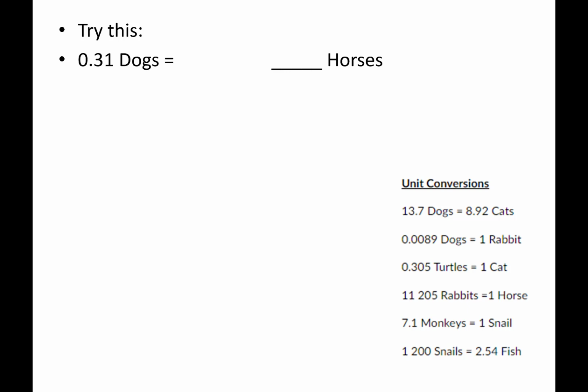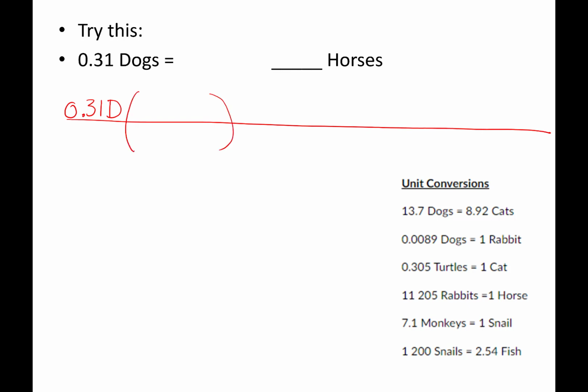All right, this one is dogs to horses. Same thing, nice flat line, 0.31 dogs. I'm going to use D to abbreviate for dogs. There is not a direct dog-horses conversion, but there is dogs to rabbits, and there is then rabbits to horses. So I'm going to get rid of dogs, keep rabbits.